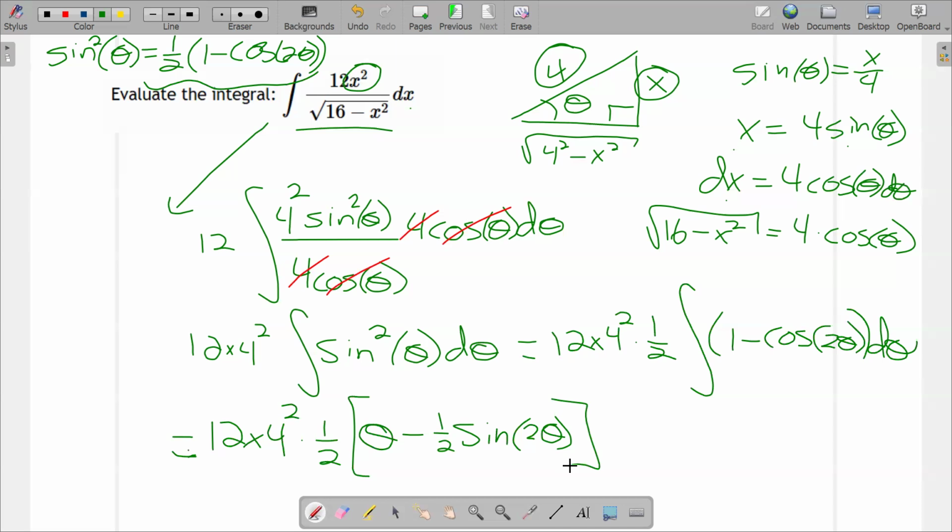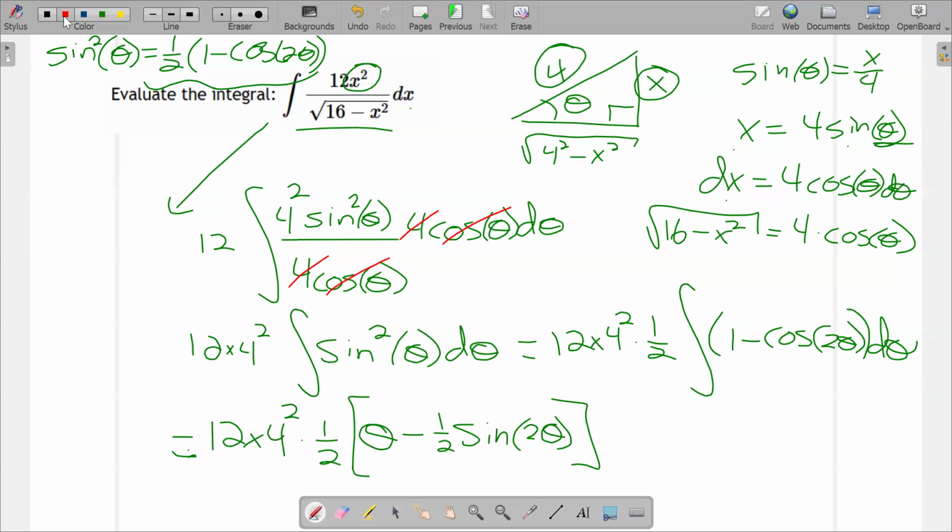One slight catch, like before, when translating back, reverse substituting, I know what the sine of theta is. I don't know what the sine of 2 theta is, but there's an identity for that. So I'm going to need another identity.